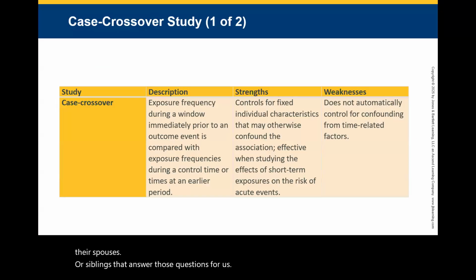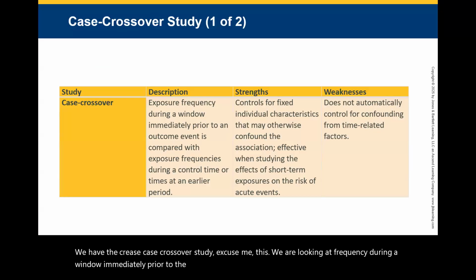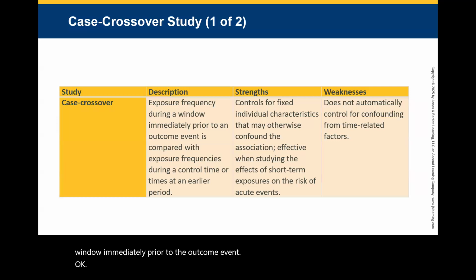We have the case crossover study, excuse me. Here we are looking at frequency during a window immediately prior to the outcome event. One of the strengths of this is it controls for fixed individual characteristics that may otherwise confound the association.